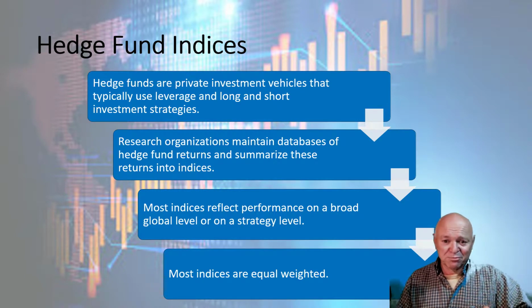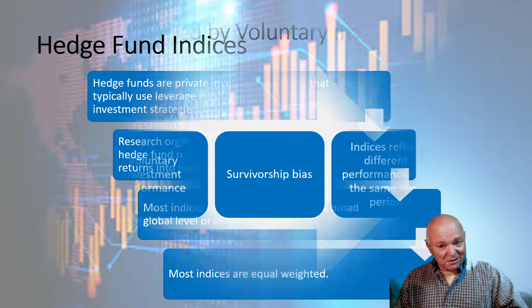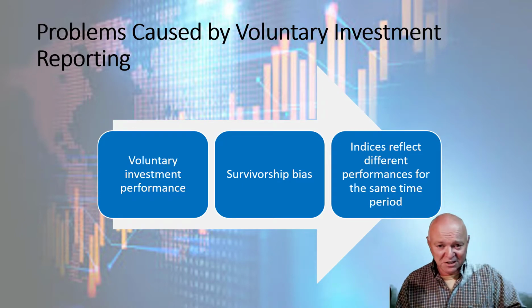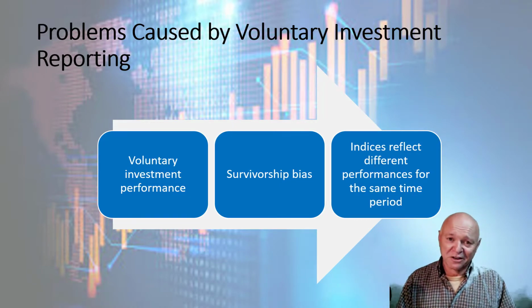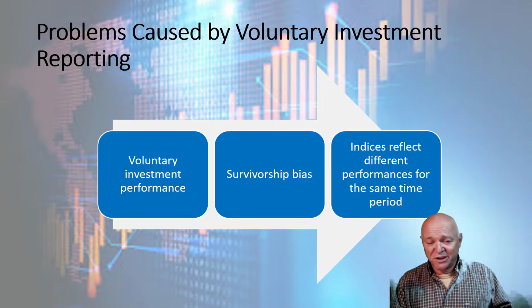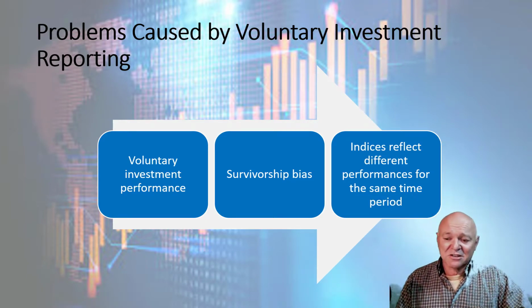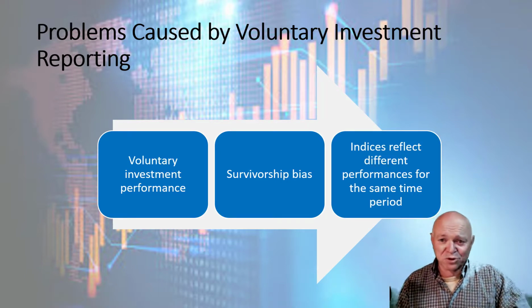We have a number of problems that come from trying to understand how well hedge fund indices work. Partly that's caused by the fact that reporting is voluntary. Hedge funds can decide, no, we don't really want to talk about that particular fund, but we'll tell you about this other fund. Also, the hedge funds that fall out of the returns create something called survivorship bias. It's kind of like in a class when half the class drops after a midterm.